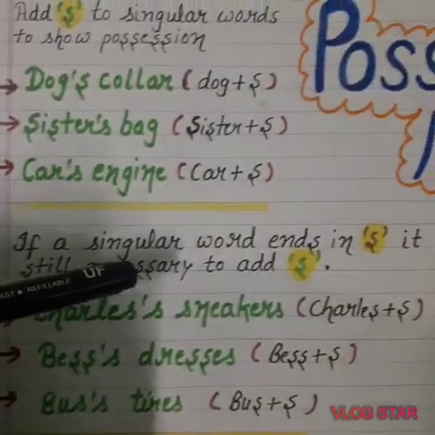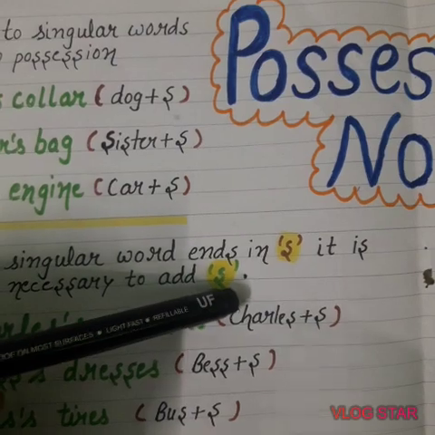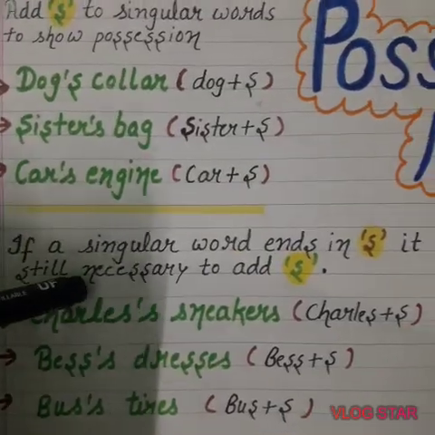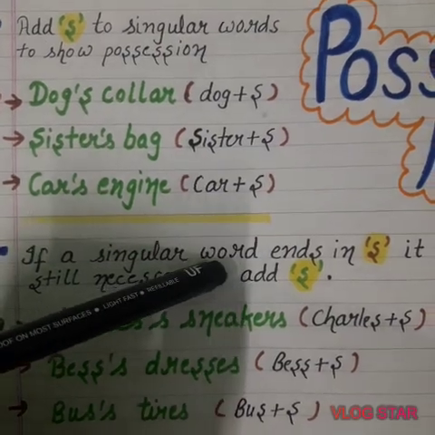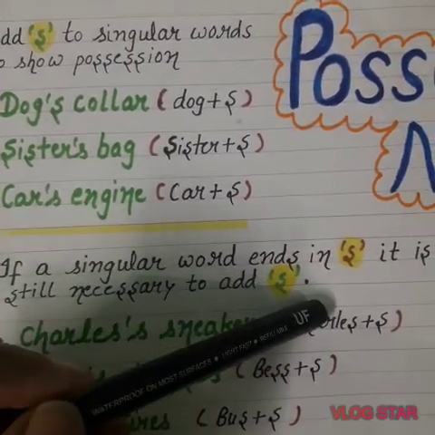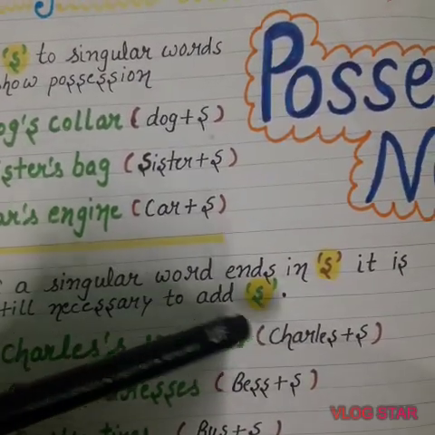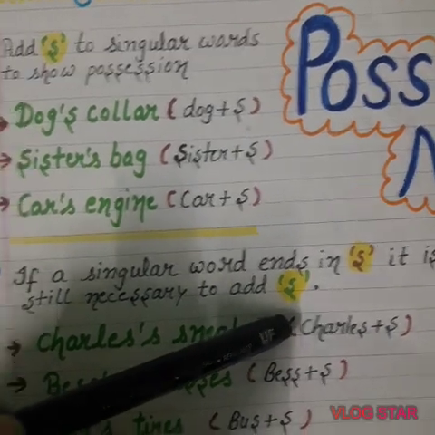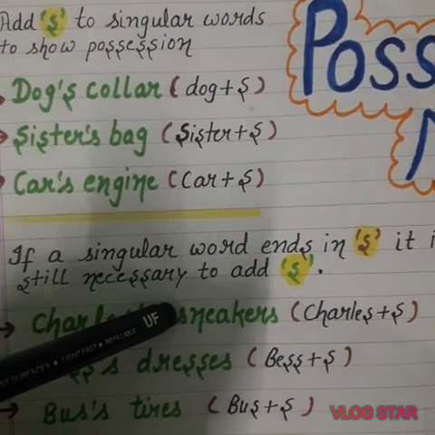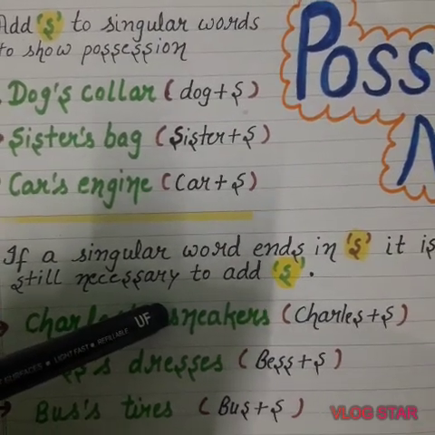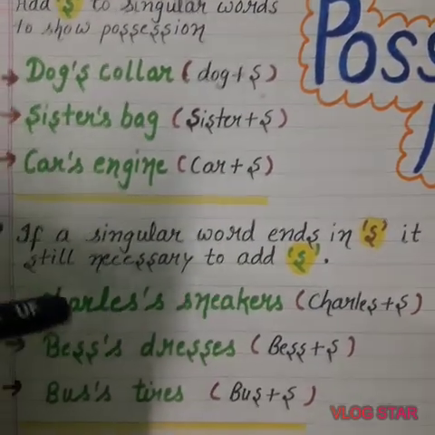The next one: if a singular word ends in s, it is still necessary to add 's. कोई भी singular word है जिसके end में s है, it is still necessary to add 's. आपने उसके last में भी s को add करना है just to make it in the possessive form.